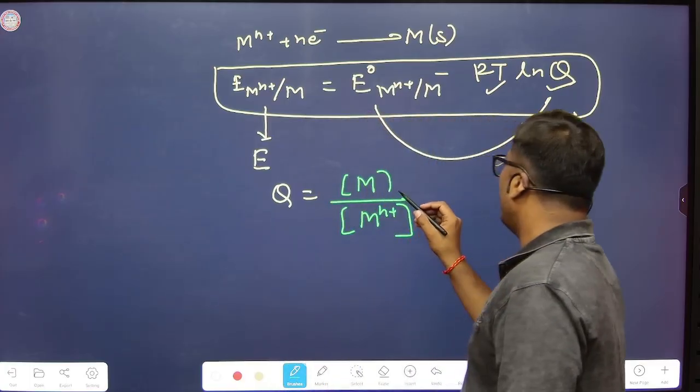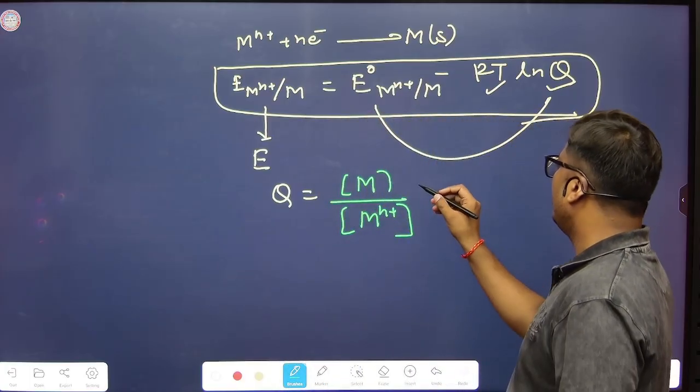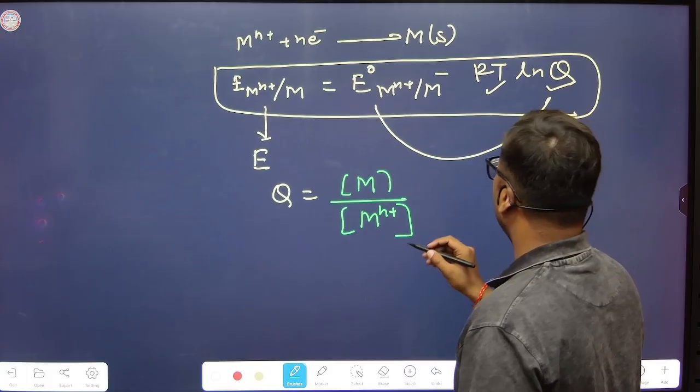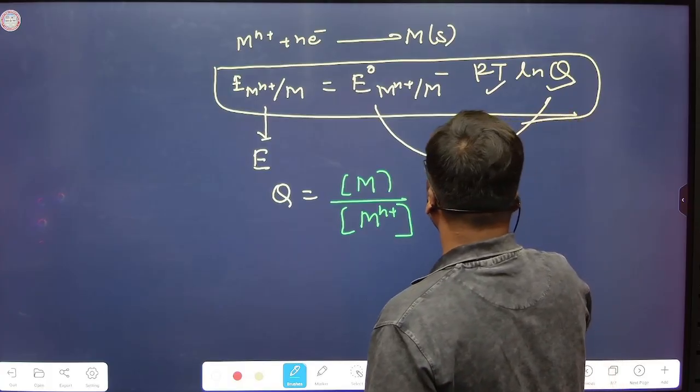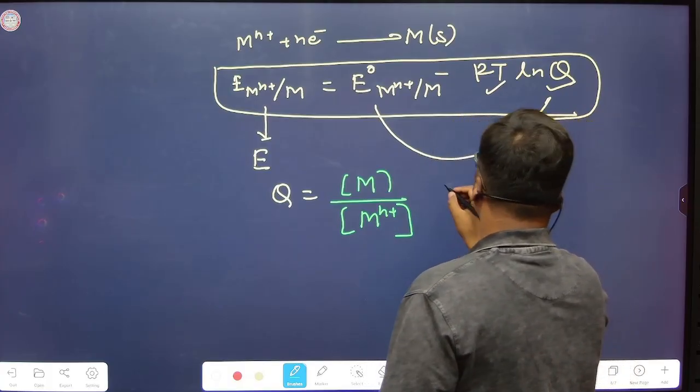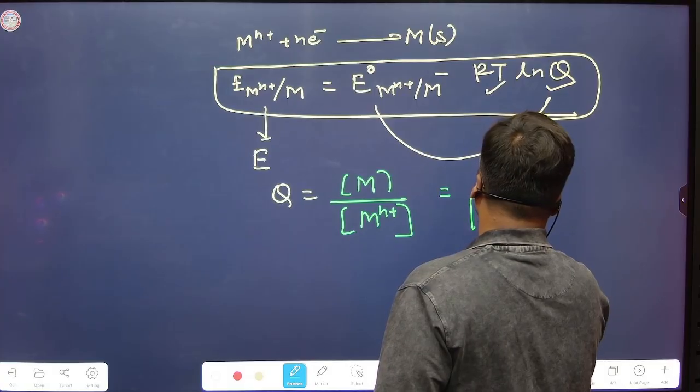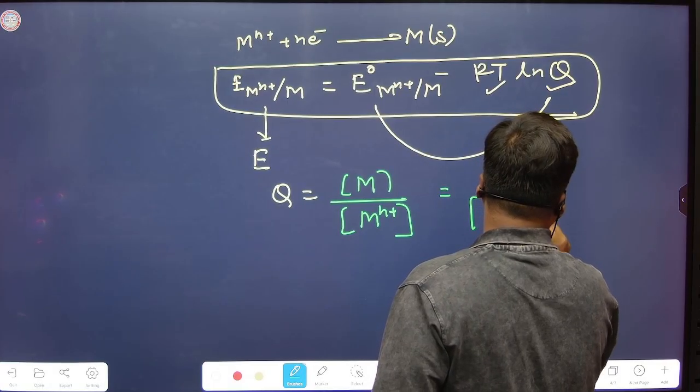So the concentration of M in the solid state or free state, the concentration of metal, is treated as 1 molar, right? So it will actually be 1 by Mn plus.